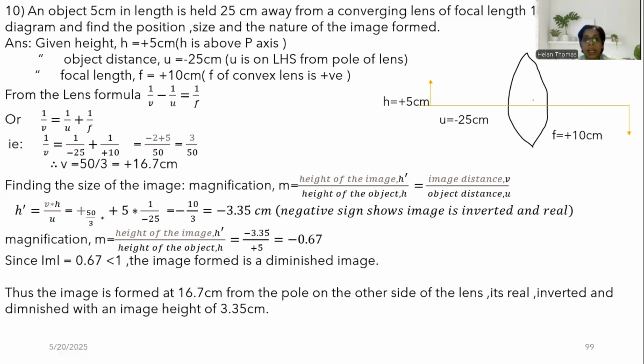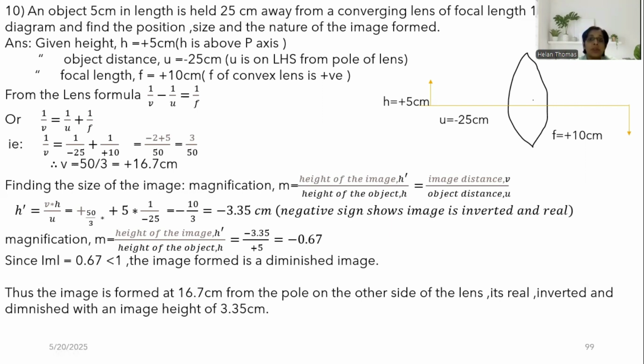All the inverted images will have a negative sign, and it is going to be real.